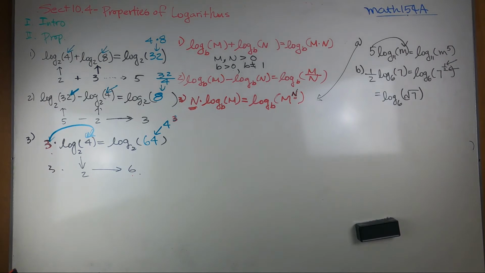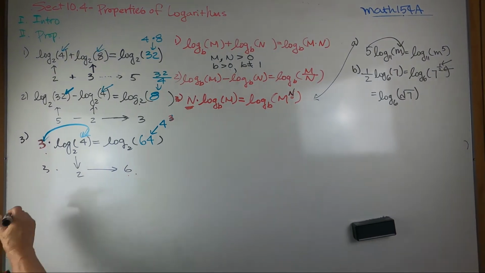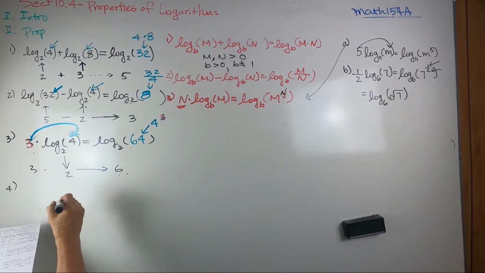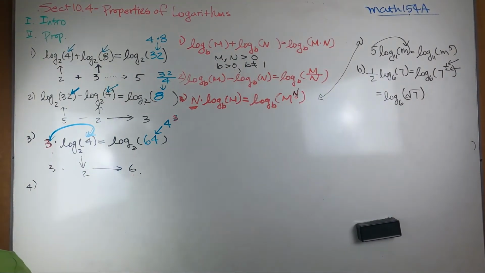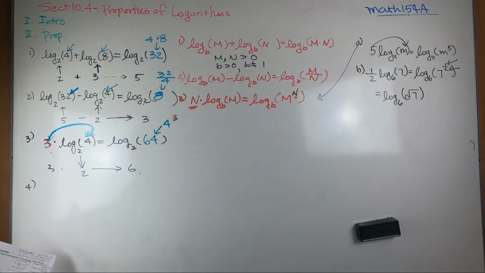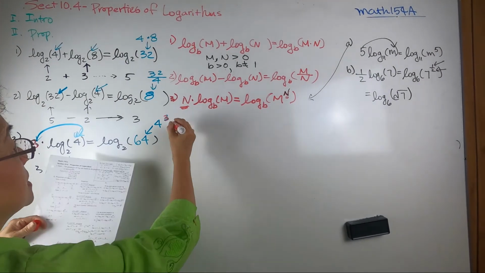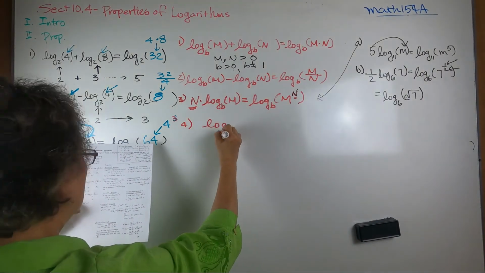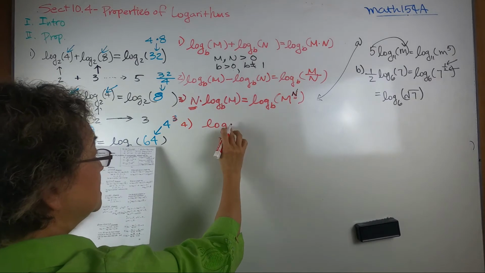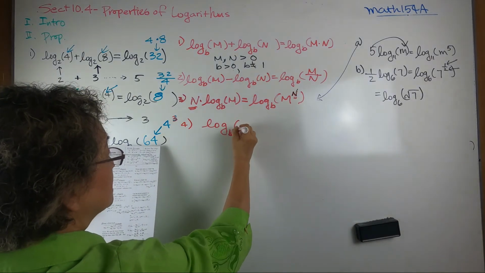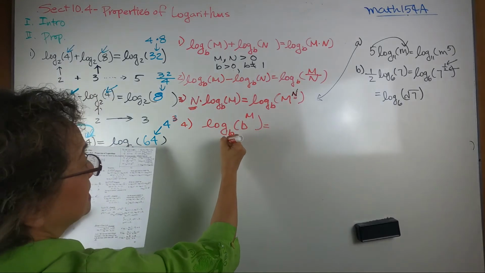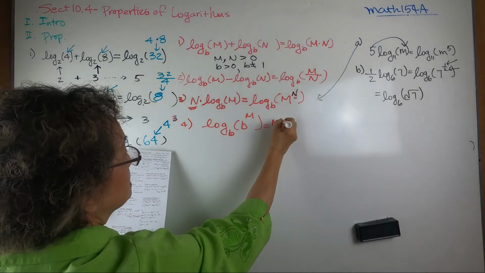Then, let's see. Another property of log we call the inverse property. Take a look. We talked about it in the last section. If you have log base b of b to the n power, it's like you can cancel out, and it's just n.